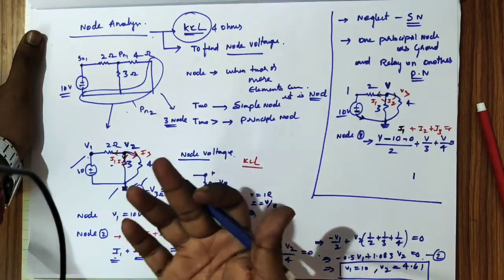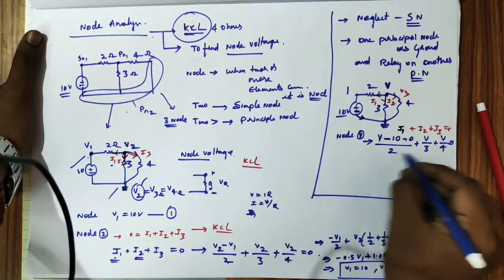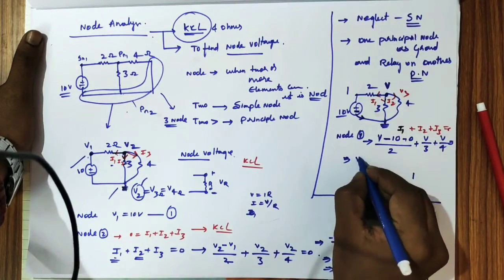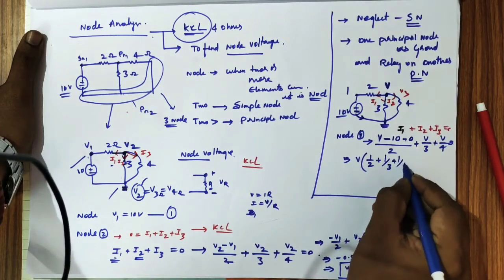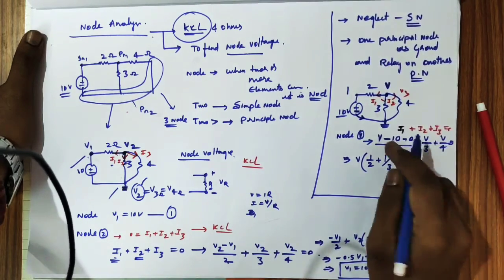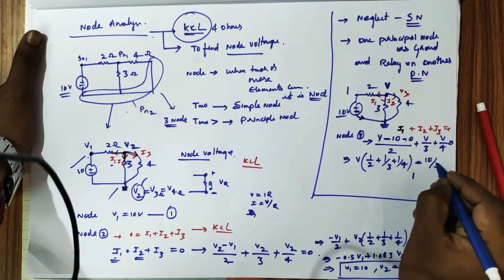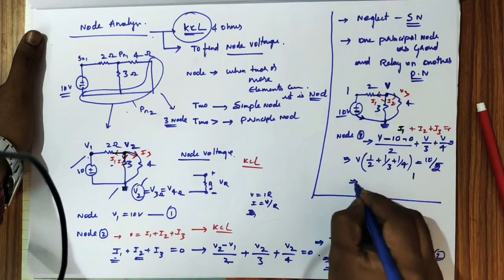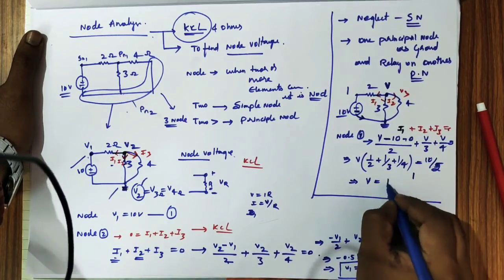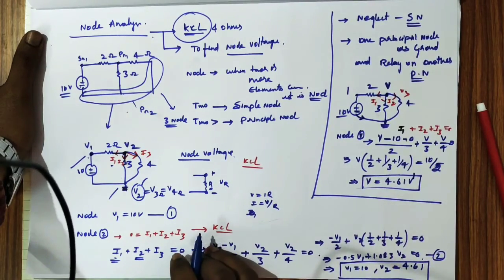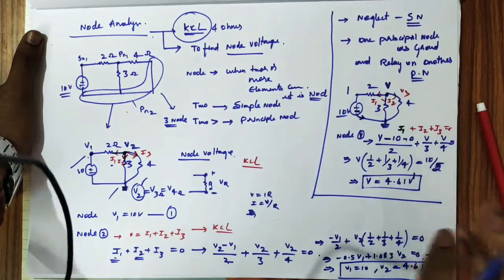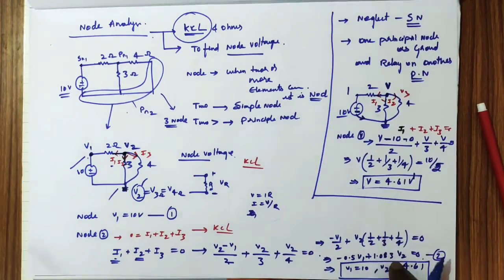If you eliminate that, only V is common. Now 1/2 plus 1/3 plus 1/4 times V equals 10/2, so ultimately the value is 6.1 volts. This is the voltage across 3. That's it; you get the same value.